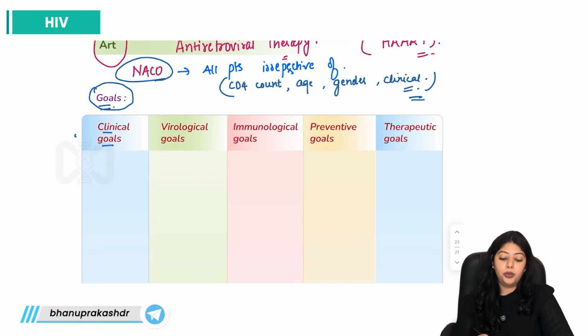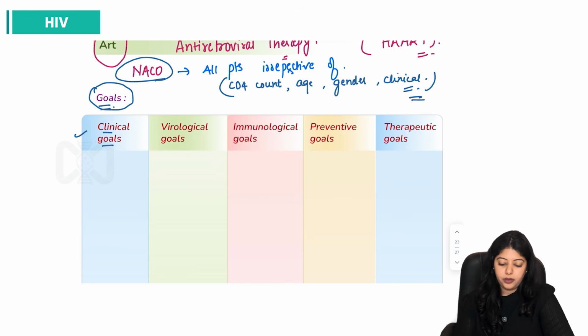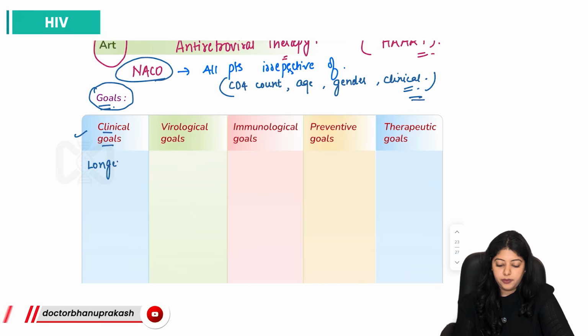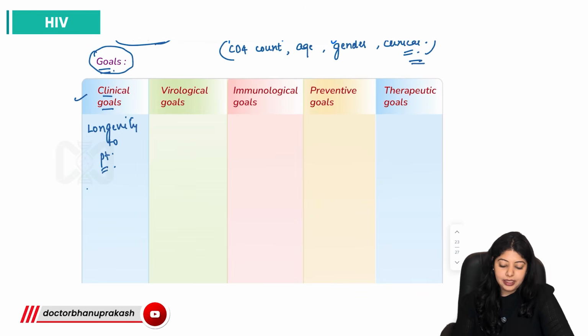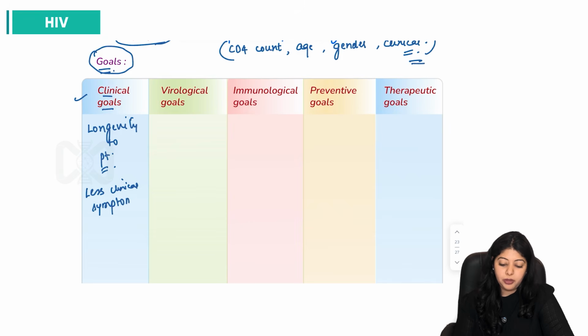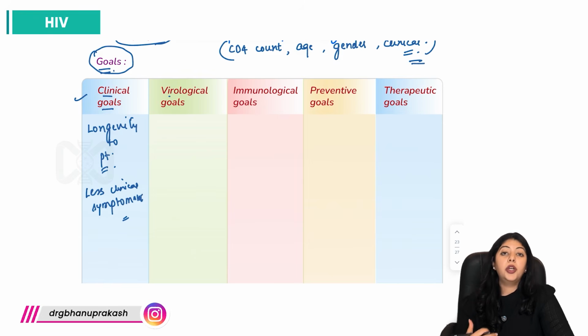What are the clinical goals? To provide longevity to the patient, to have fewer clinical symptoms, so there should be symptomatic reduction, to give a prolonged better life, right?